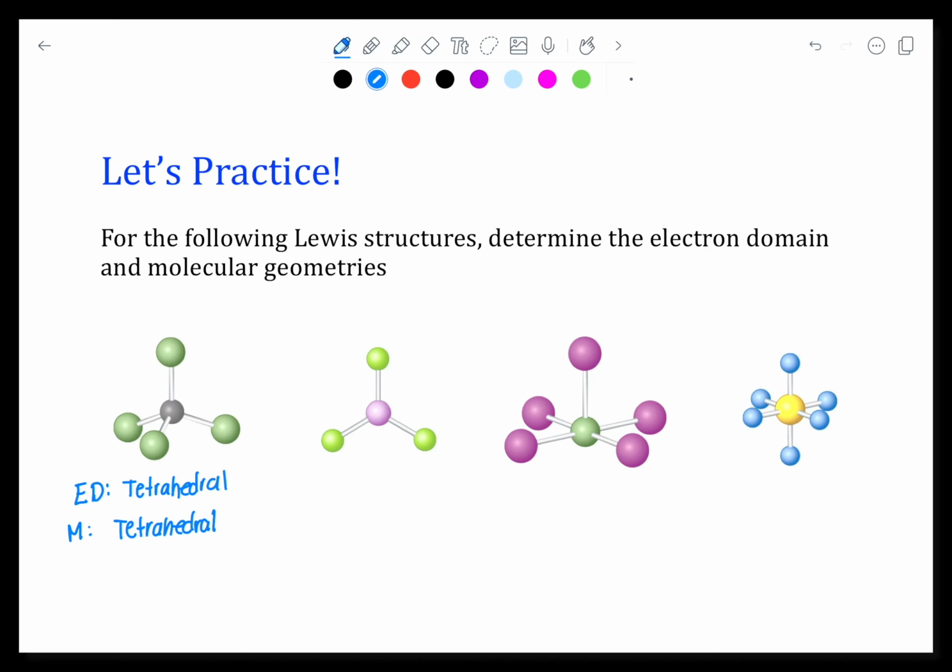Now, what I want you to do for these next three is use your chart from your Notepack or your test-taking resources and determine both the electron domain and the molecular geometries. I will point out on our third structure here, the only way I'm able to get these bond angles the way they are is if we have a lone pair there, which they don't show. The rest of these are all at typical angles, so we have 120 and 90, so there aren't any lone pairs on those.